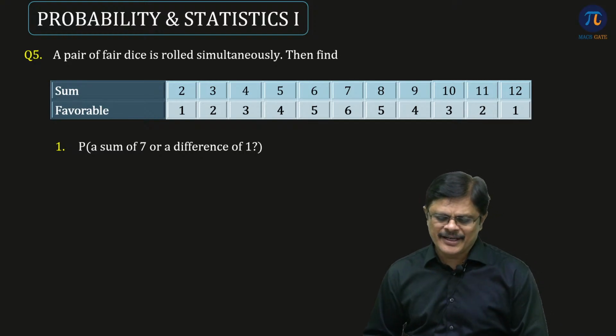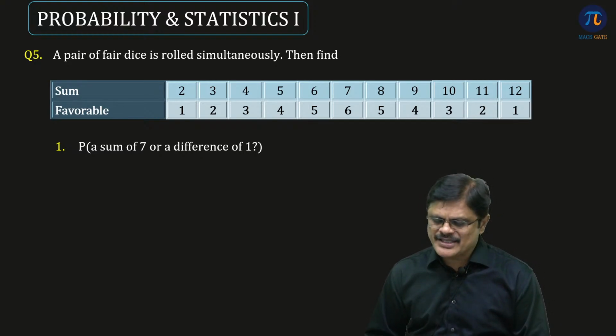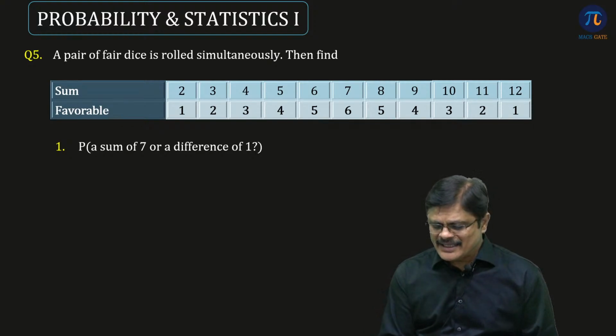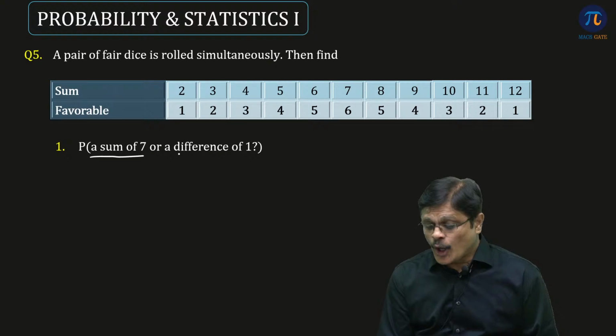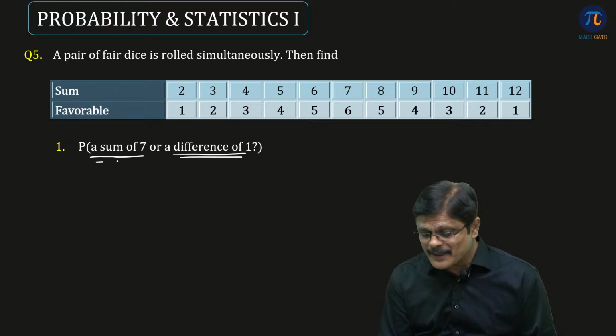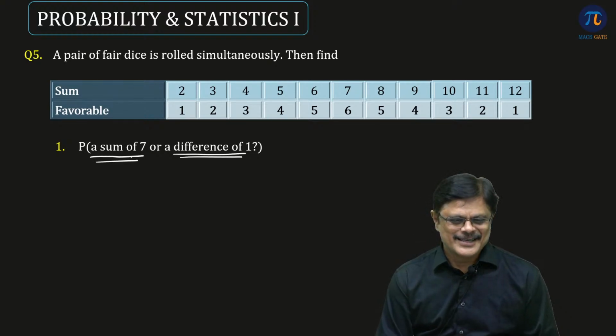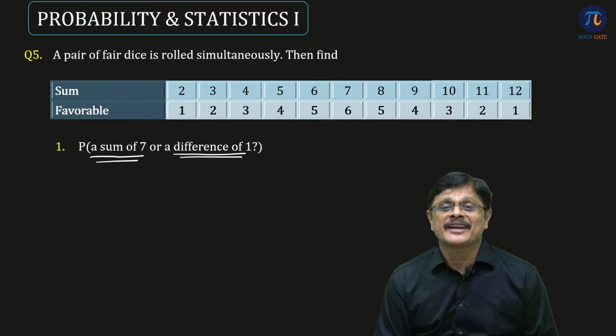Next one. This is a very interesting question. A pair of fair dice is rolled simultaneously. Then find the probability that a sum of 7 or a difference of 1 is obtained. Dear friends, you need to understand this carefully.